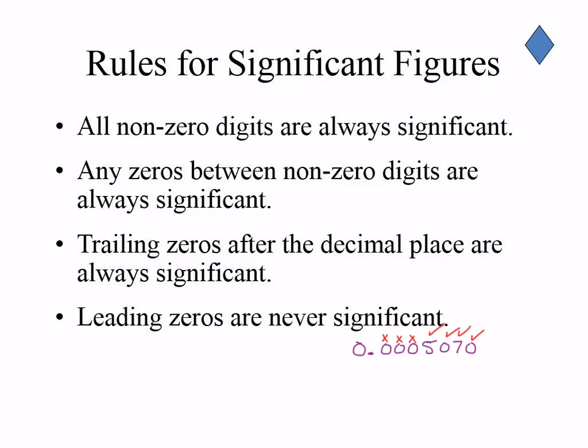Now, it's important, and I sometimes try to convey this to students who haven't played around with numbers in science, that we put these zeros there, because that number is totally different than 0.5070.